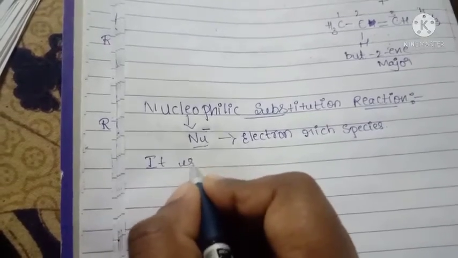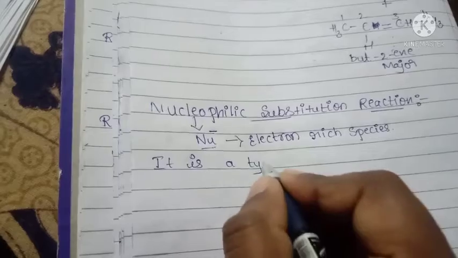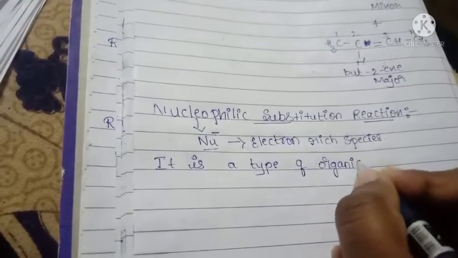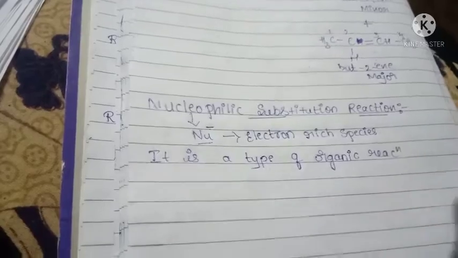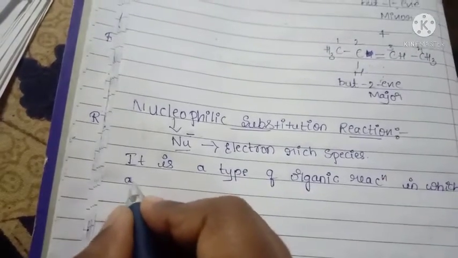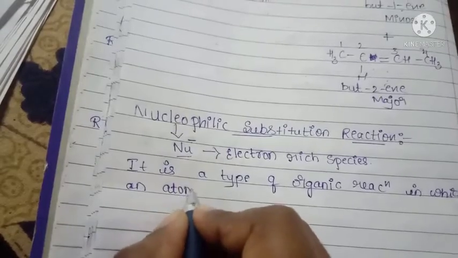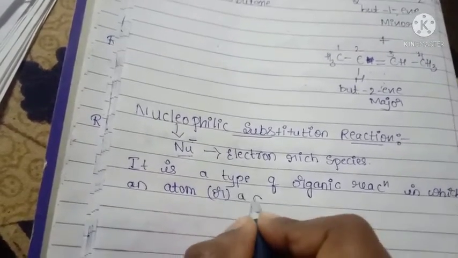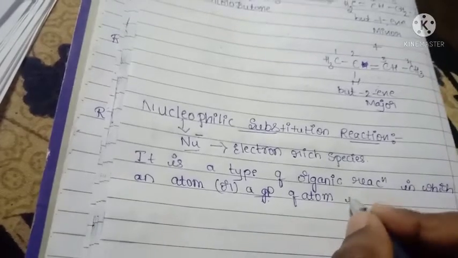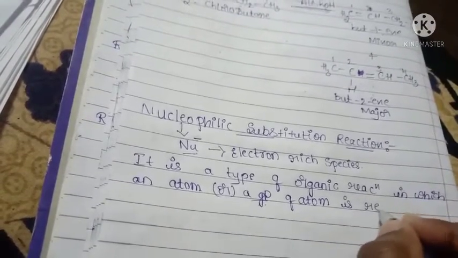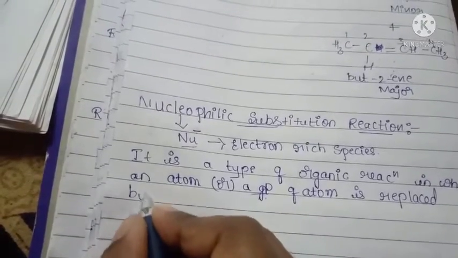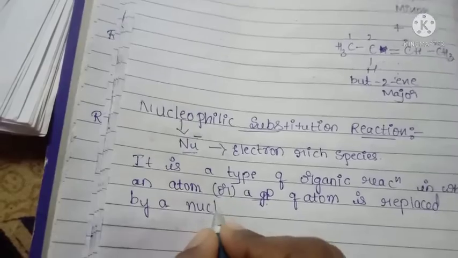It is a type of organic reaction in which an atom or a group of atoms, not only a single atom but also a group of atoms, is replaced by a nucleophile.